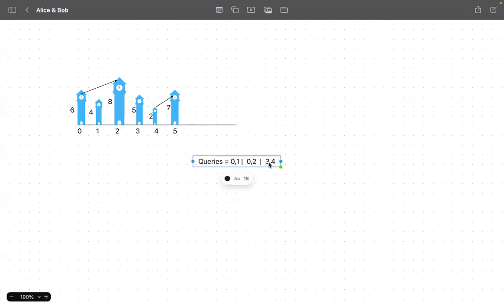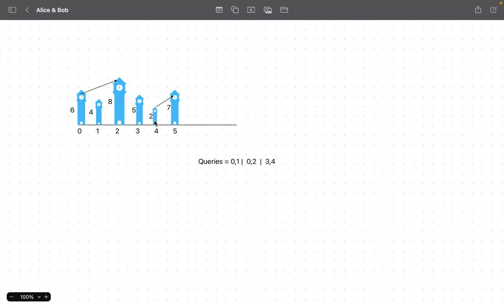And for the third query, 3 and 4. The third index can meet at the fifth or the seventh index, right? Why? Because it can go from here to here, since it's larger as well as rightward. At the same time, let's look at the fourth index.